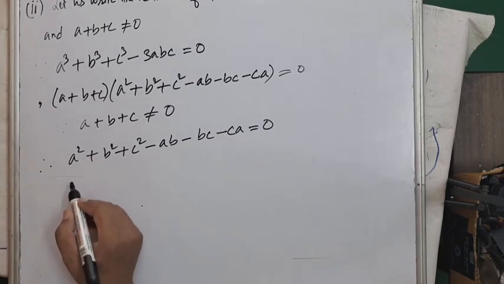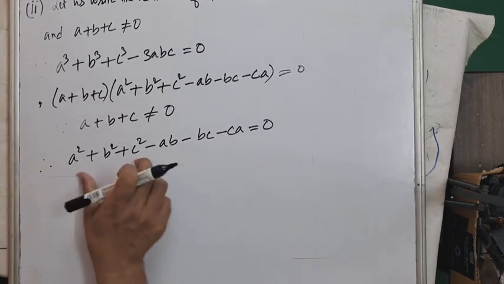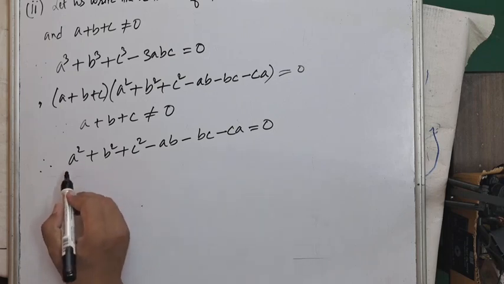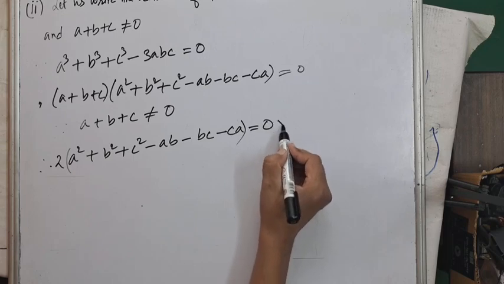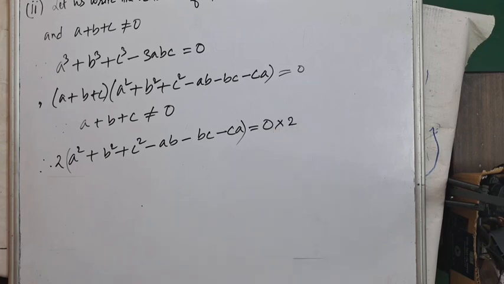Okay, now we multiply both sides of this equation with 2: 2 on the left hand side and on the right hand side also we multiply with 2.